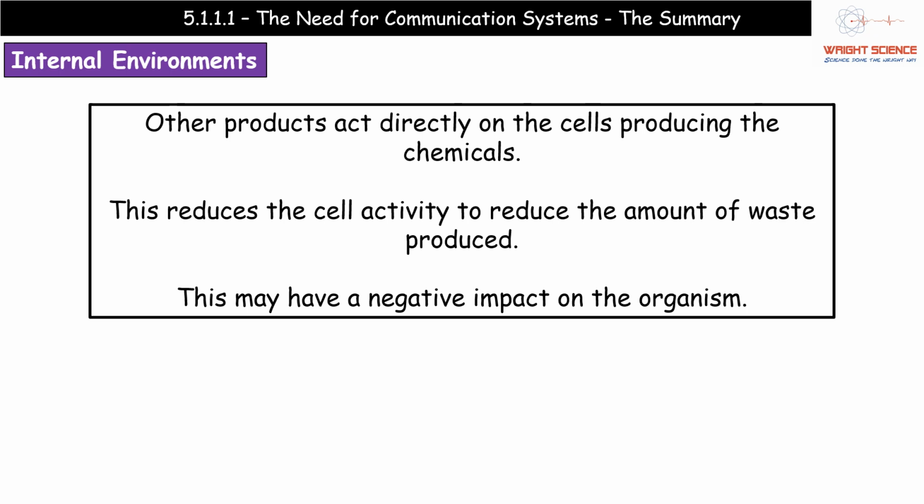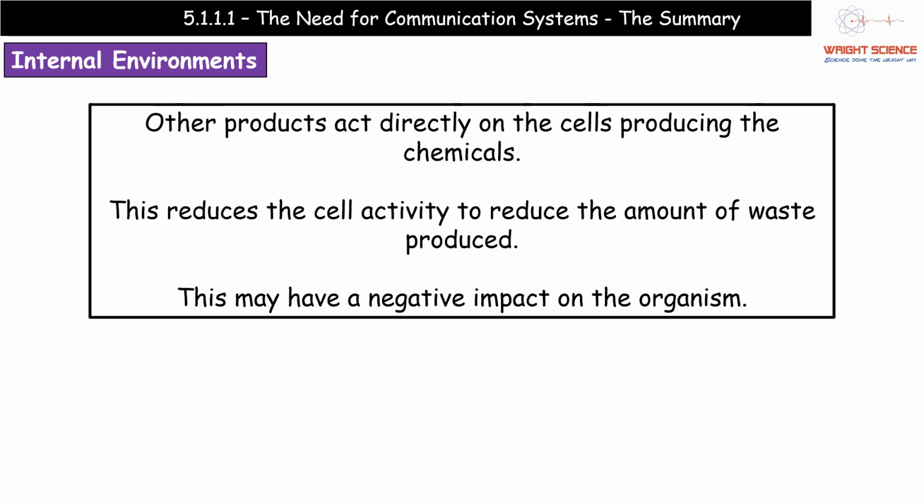We can also have another situation where the products that are being produced as the result of these metabolic reactions inside our organisms will directly act on those cells. Now, what we're going to find is that in that scenario, we're going to get a reduction in the cell activity, and that can reduce the amount of the waste produced.